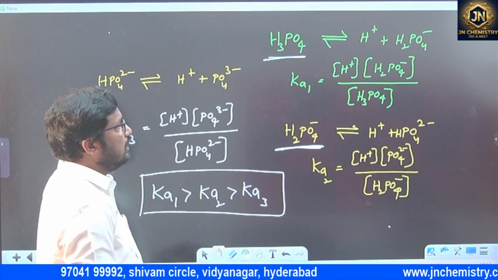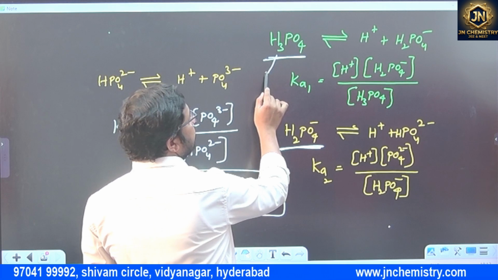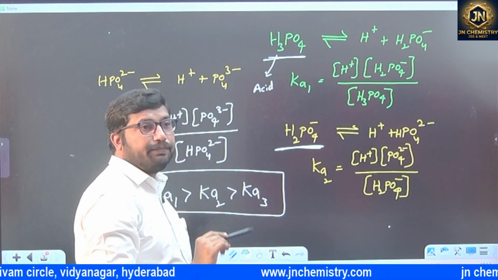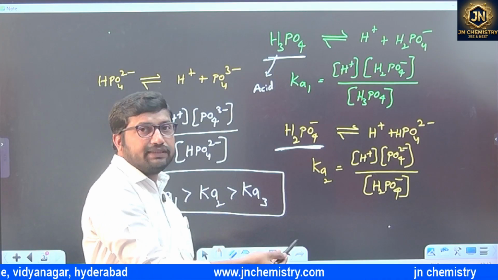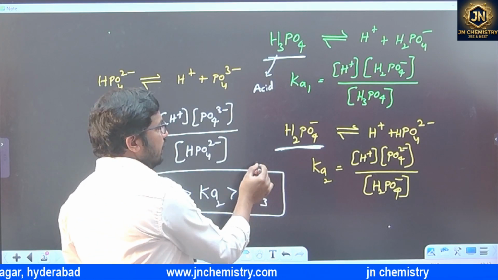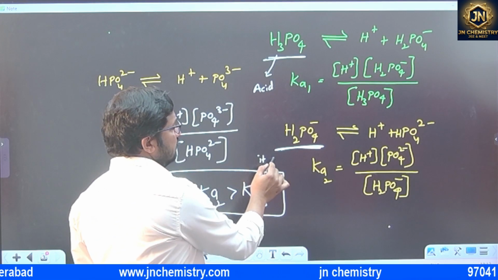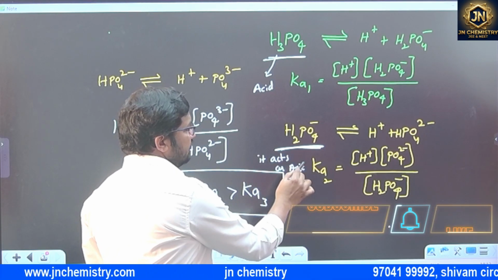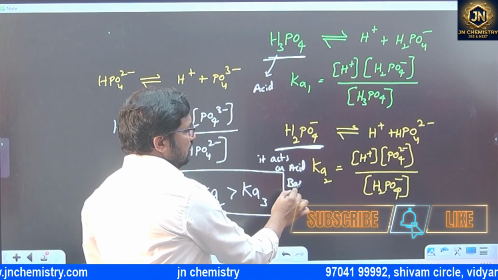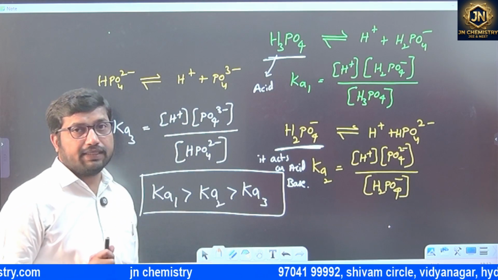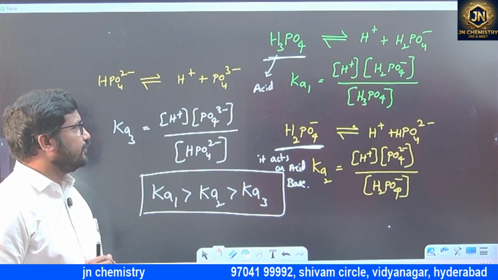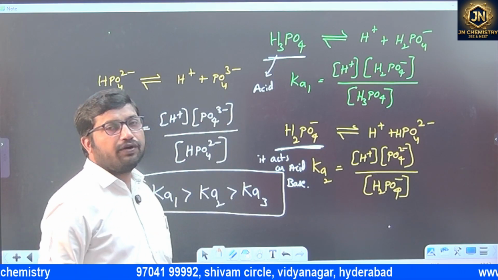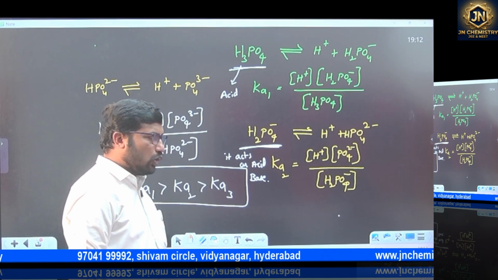H3PO4, because this acts only as an acid. But H2PO4 minus acts as an acid as well as a base, meaning it can give H plus and it can take H plus. So Ka1 is always greater than Ka2.